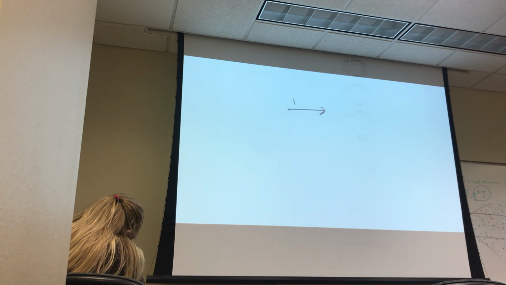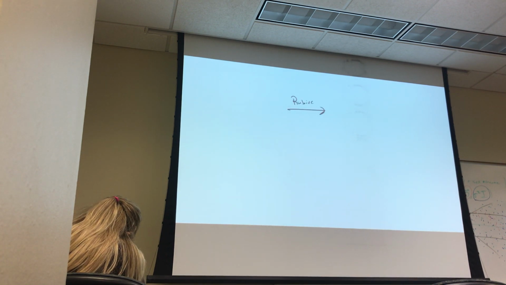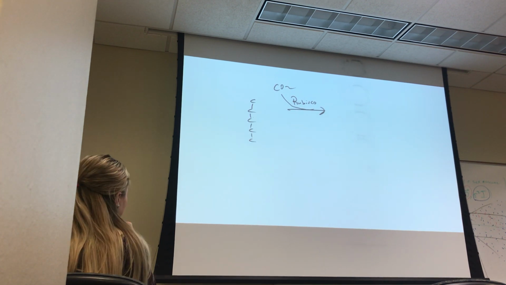So, regulation of Rubisco. So here we have fixing CO2. There's our substrate, 1, 2, 3, 4, 5.